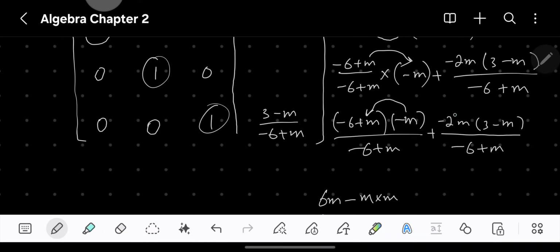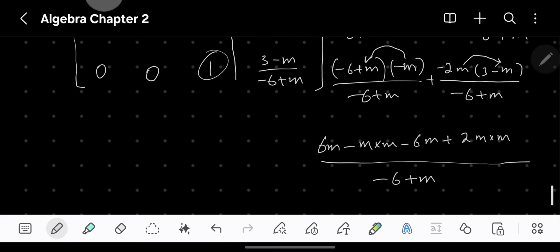Minus 2 times 3 is minus 6, so I will write minus 6m, and then I will multiply this thing here. Minus minus is plus, because this is minus and this is minus, so minus minus will become plus. So I will write plus 2 times m times m.